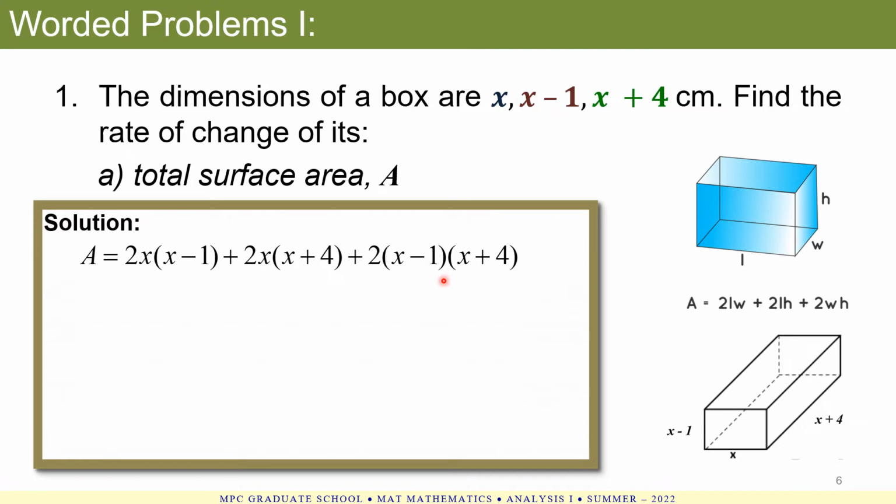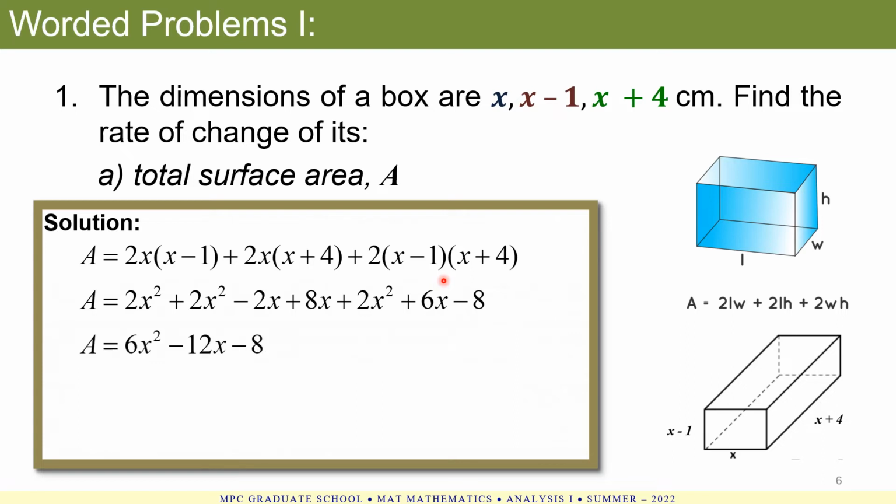Multiplying that, it will give us 2x squared plus 2x squared minus 2x plus 8x plus 2x squared plus 6x minus 8. And that is equal to 6x squared minus 12x minus 8.